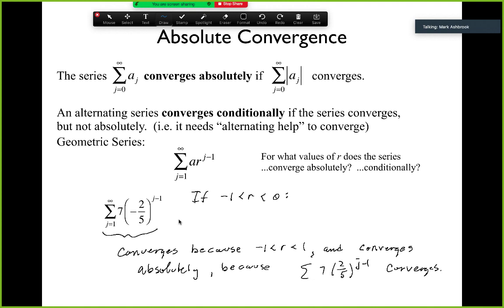So what's the conclusion? All geometric series that converge, converge absolutely. So these geometric series go to 0 fast. If r is between negative 1 and 1, they will get to 0 fast enough, regardless of having a negative alternating effect or not. All geometric series that converge are also absolutely convergent.